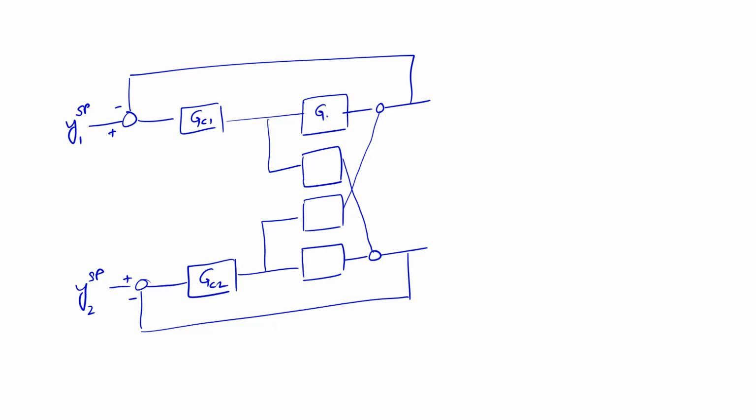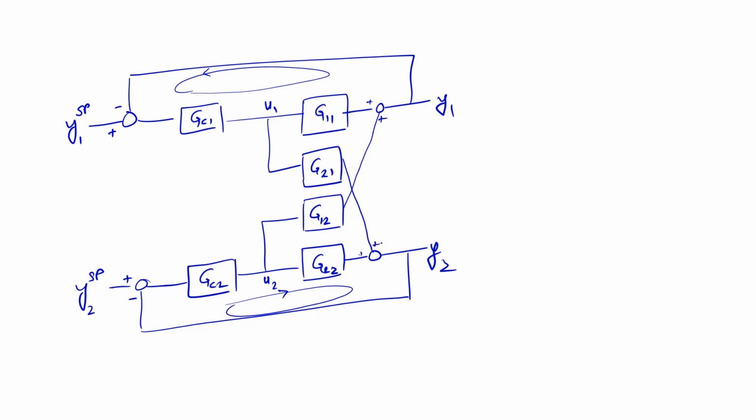And let's fill this up: 11, 21, 12, 22. This is U1, this is U2, Y1, Y2. You can see there is this feedback loop, then there is this feedback loop, but then there's another feedback loop, and I'll draw that feedback loop.